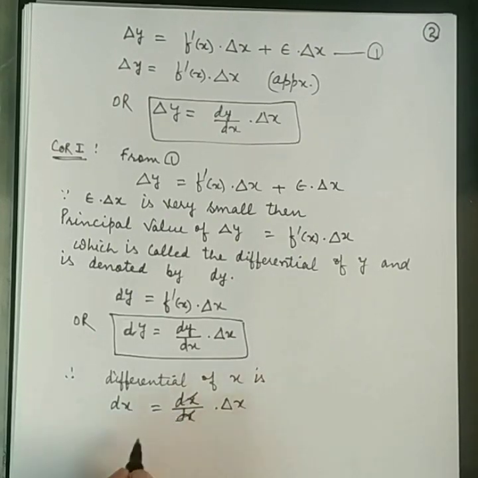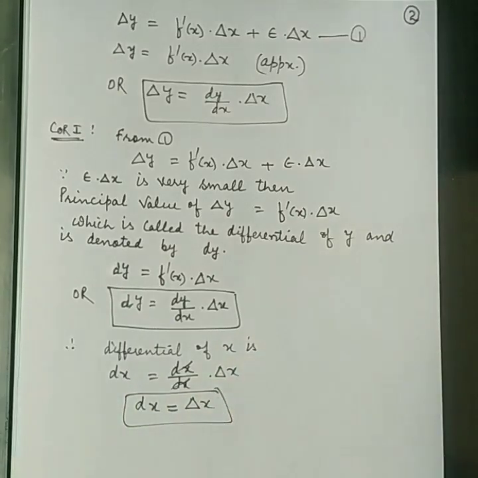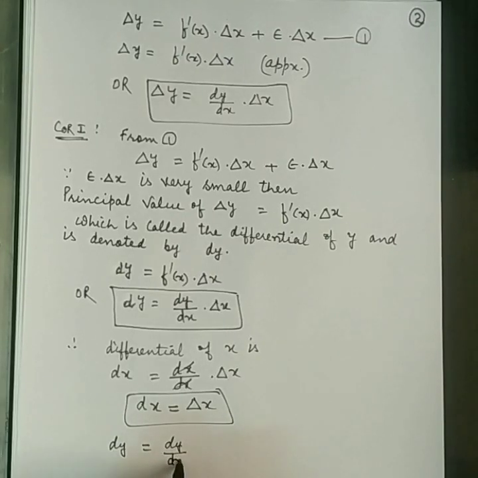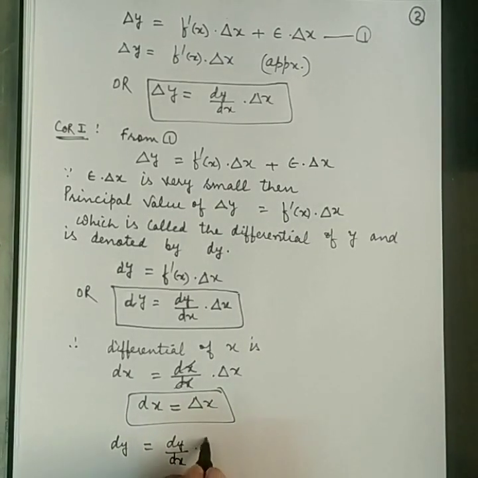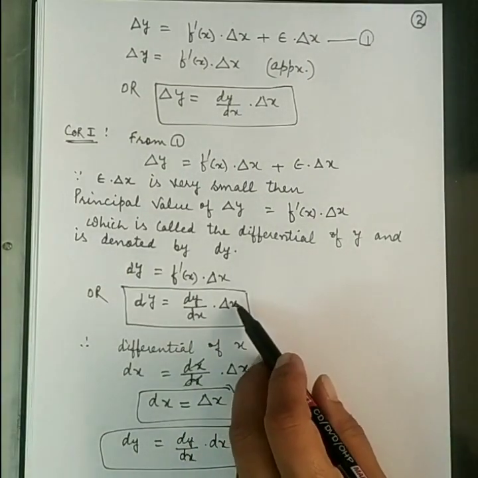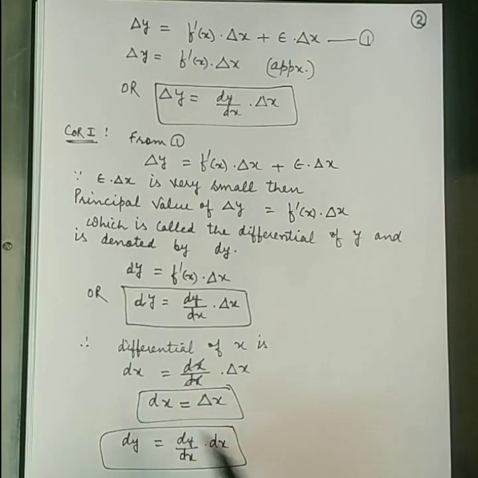So it will be cancelled, so that dx is equal to delta x, and dy will be dy upon dx into dx, by substituting delta x as dx.